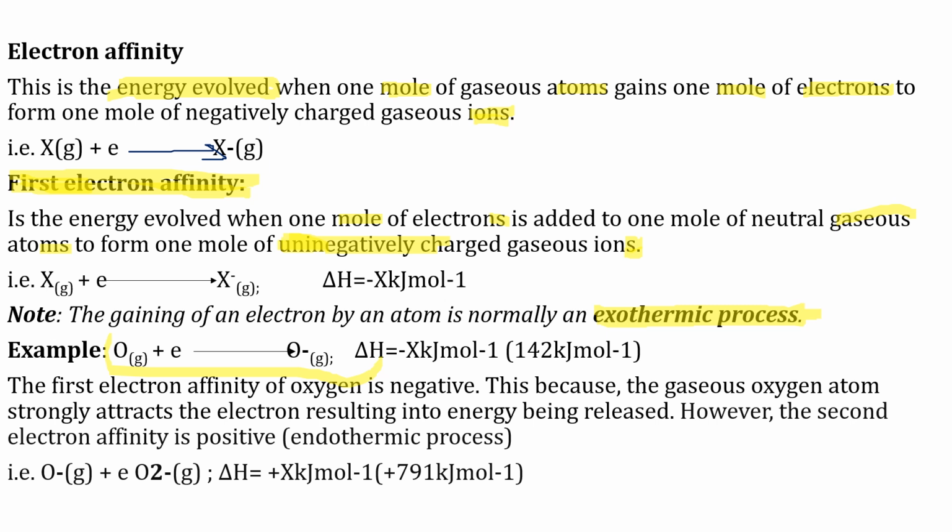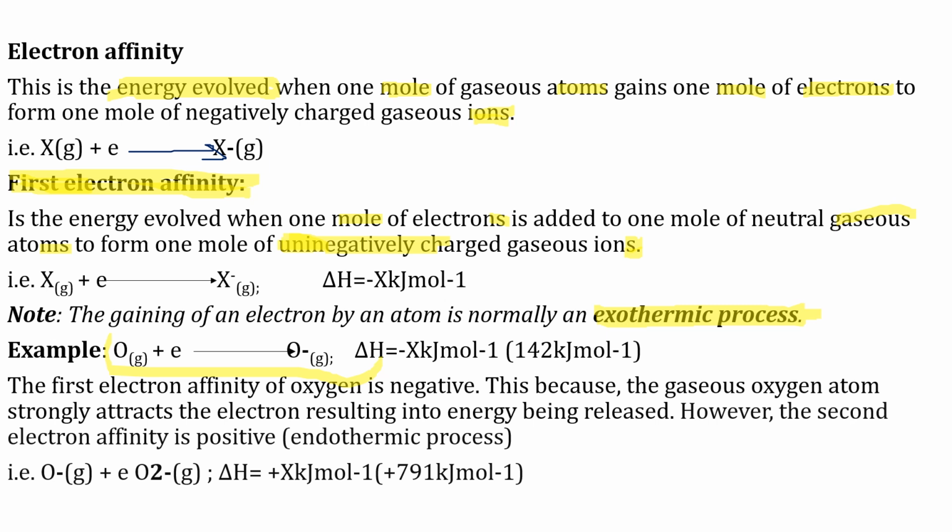You're going to notice that some elements, if not many, have their first electron affinity being exothermic or negative, whereas others have it being endothermic or positive. So why is that the case? Notice that we have defined electron affinity in terms of energy evolved to add an electron.